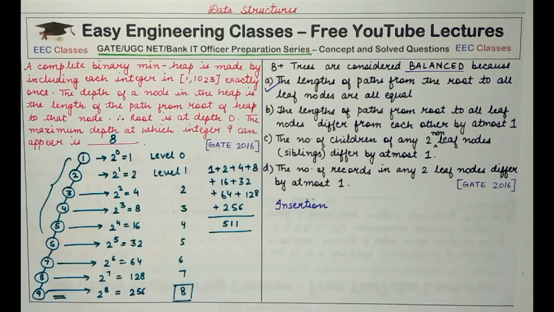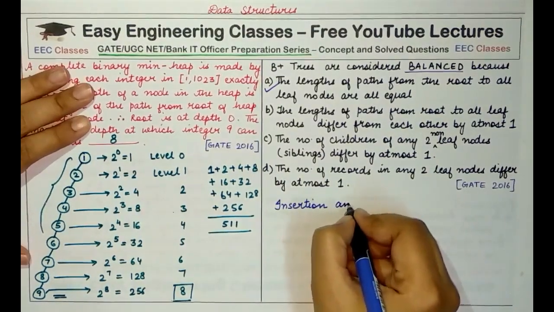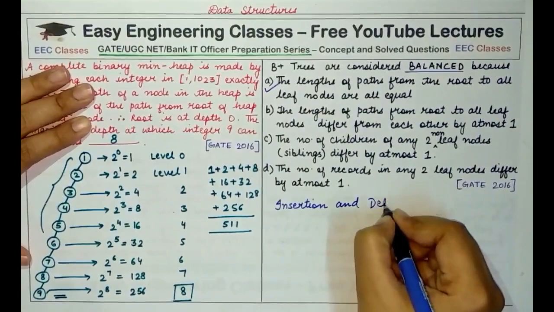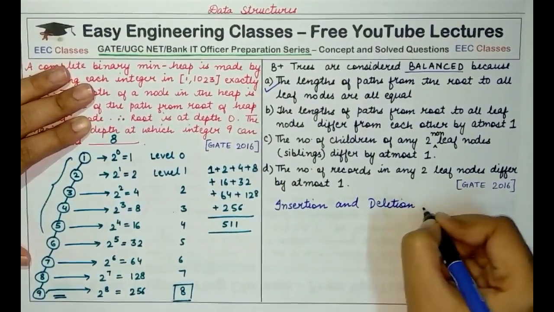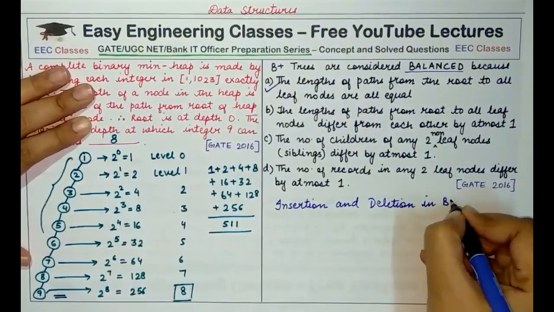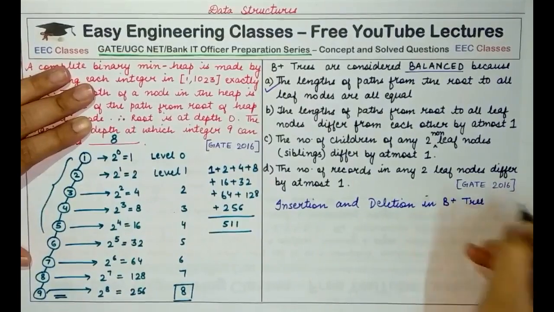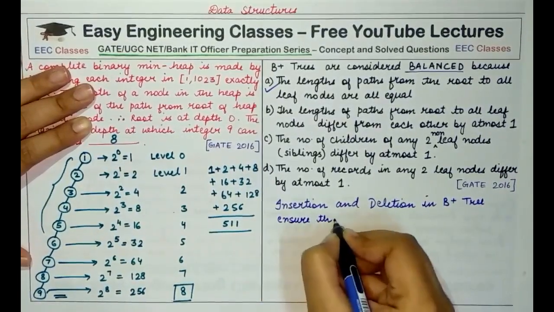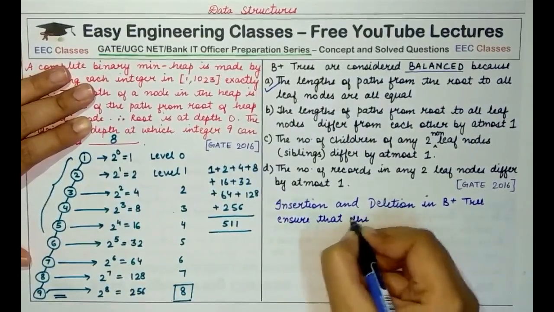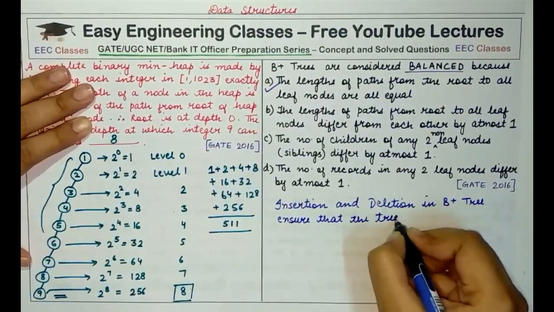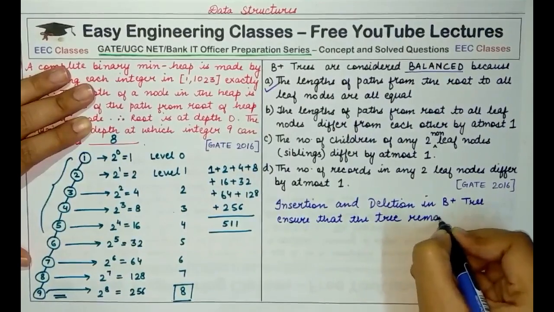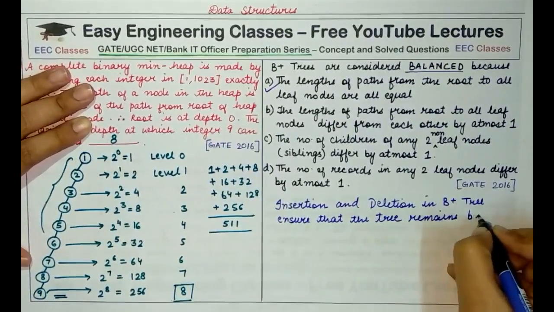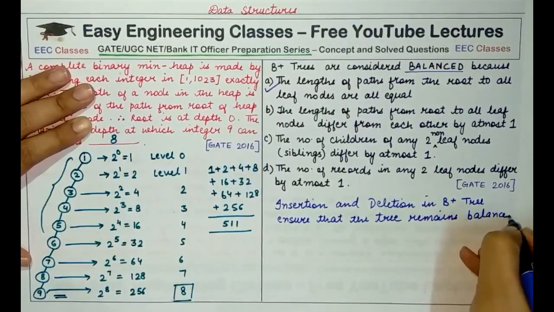So insertion and deletion in B plus tree ensure that the trees remain balanced. And how do they ensure this?